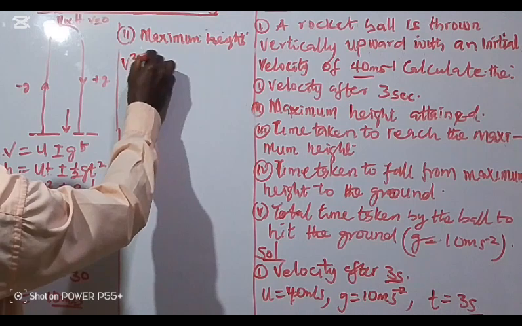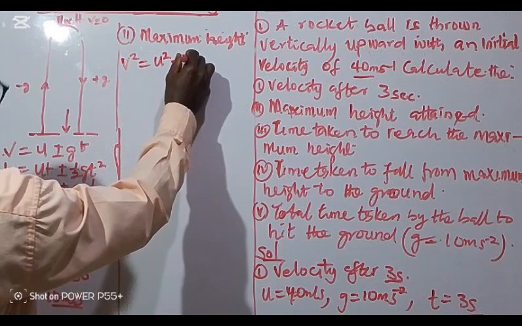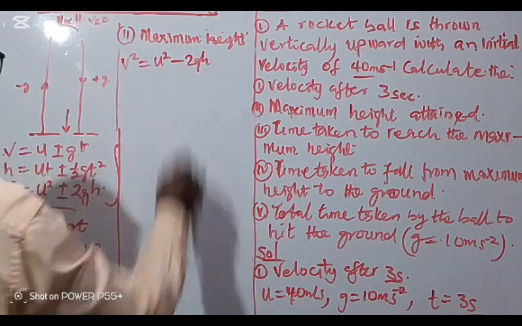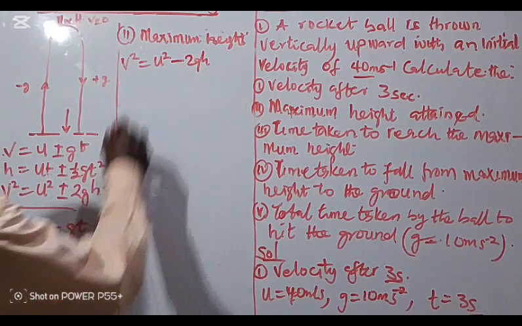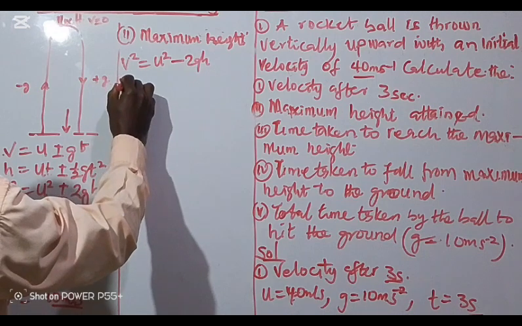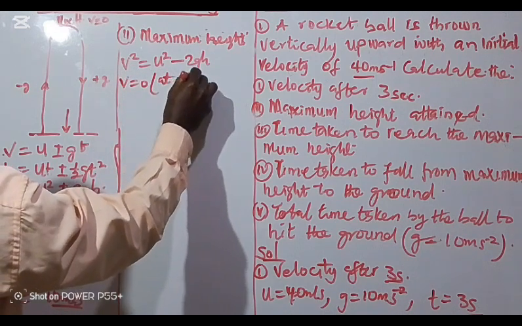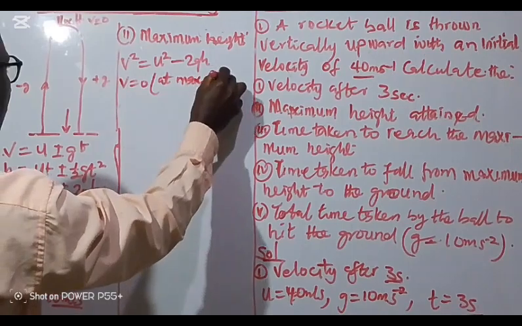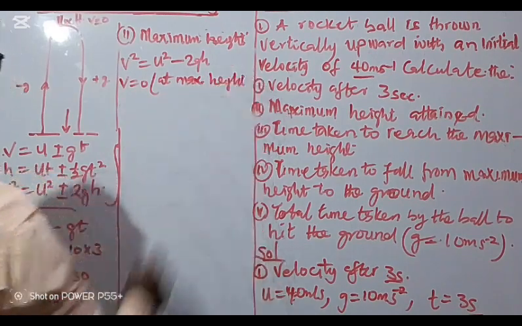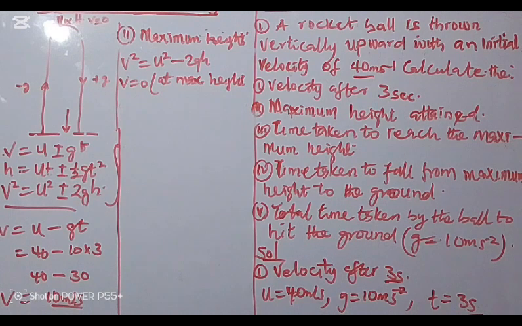Equation 3, V squared is equal to U squared minus 2gh. And as I said during our last discussion, at maximum height, V is equal to 0. And already u is given from the question, that's 40 meters per second.